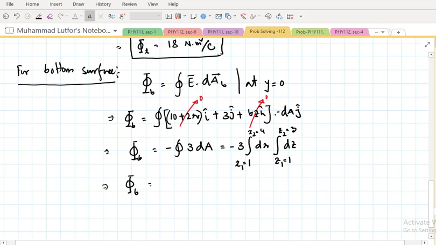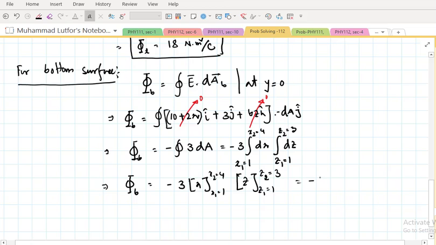So I will find the bottom using that. You will find minus 3 into x from 1 to 4, and z from 1 to 3.